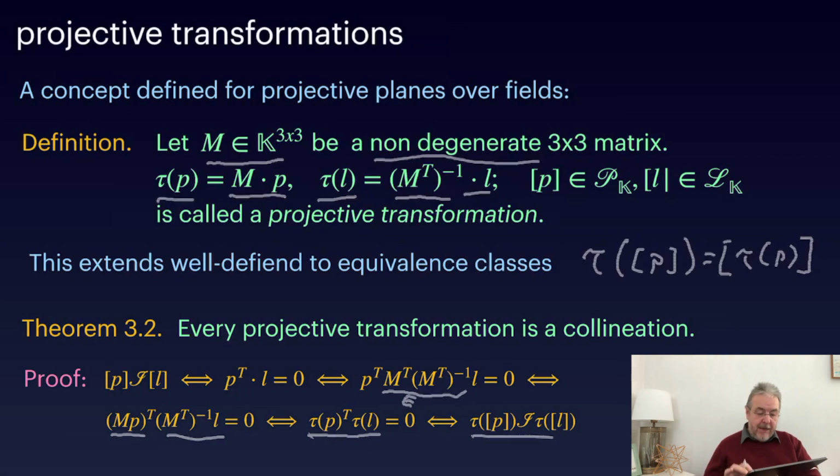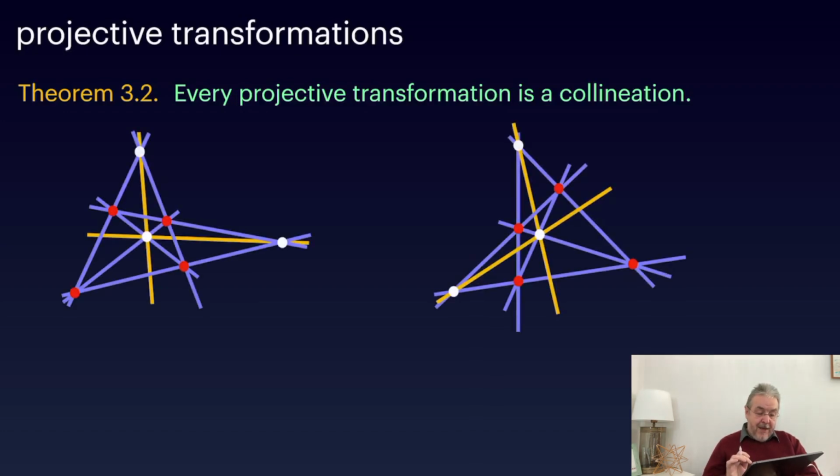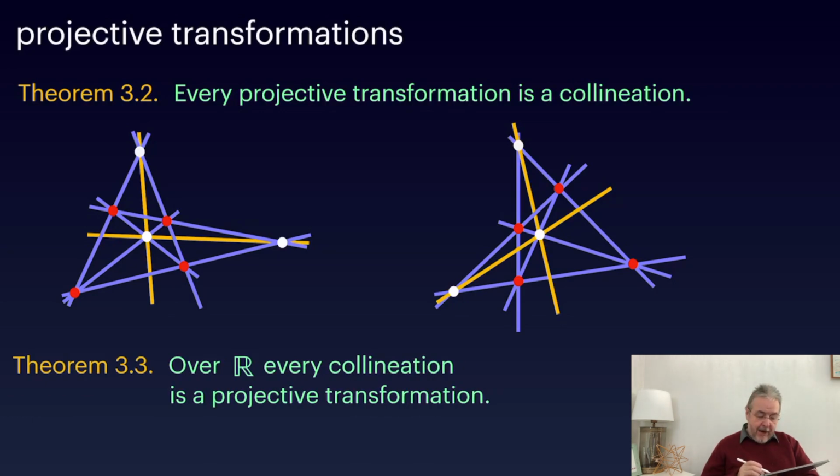So let's see how that story proceeds. I was trying to draw an image here, and as a matter of fact, there is no way in the real plane of drawing a different image than the one I've drawn for the collineation, because we have another theorem here.